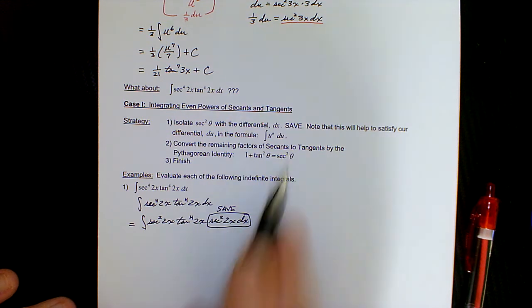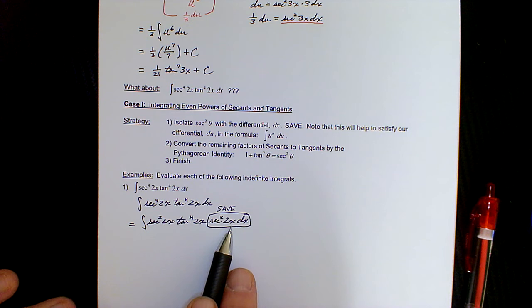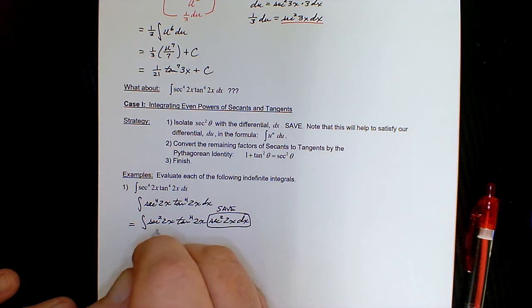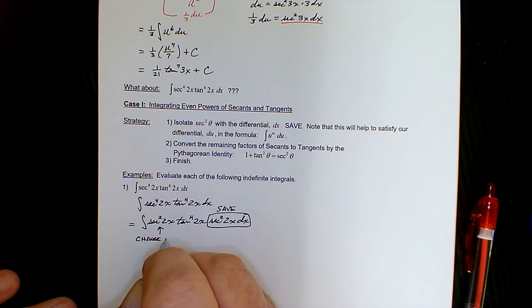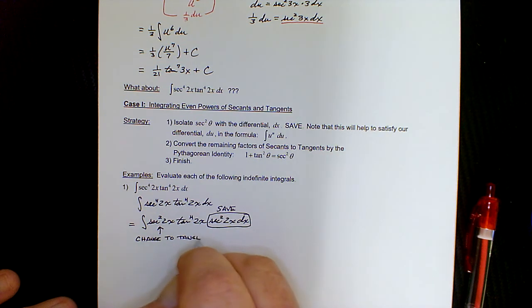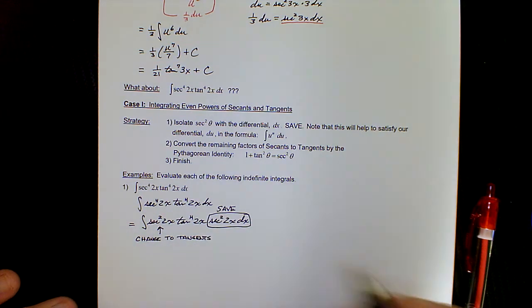So you could look at the cookbook recipe or just simply ask the logical question, if our du is going to be secant squared, then what's the trig function whose derivative gives us secant squared? And that would be tangent. So if we could change the remaining factors of secants to tangents, we'll be able to start the U-substitution process.